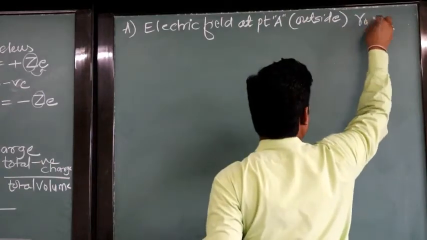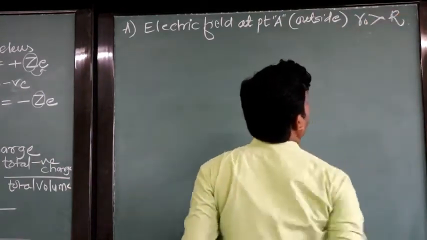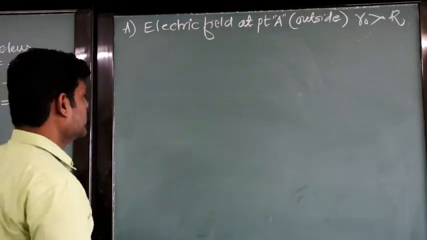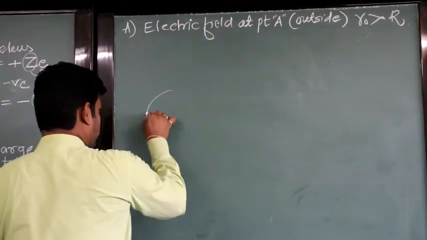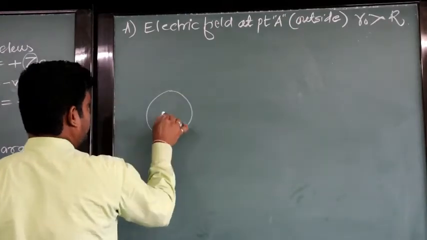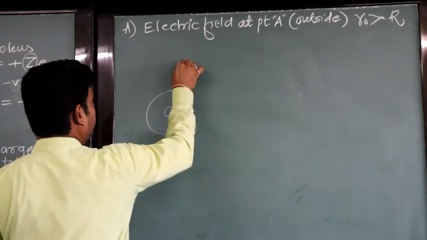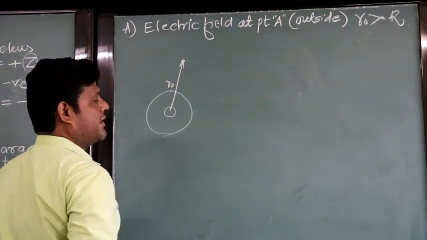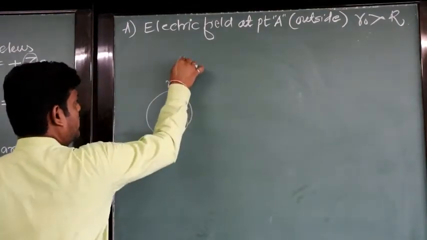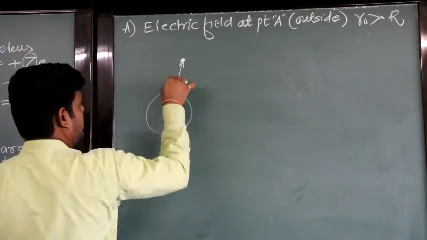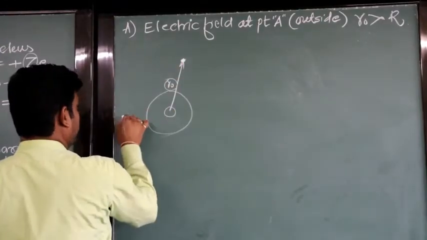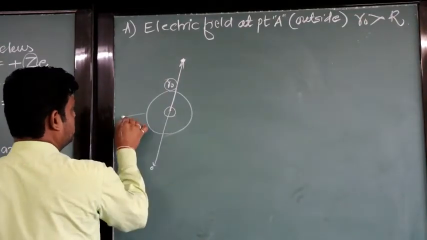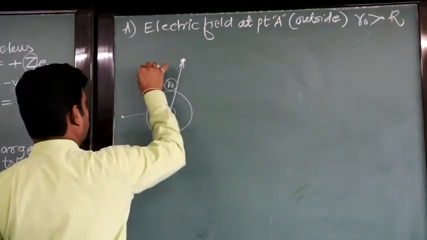This RO is greater than R. Once again we draw a diagram. This is the atom, this is the nucleus, and here is the point. So this distance is RO. If we choose a point at a distance RO, all such points are at the same distance RO from the nucleus.